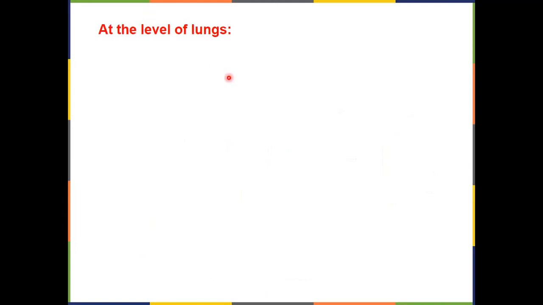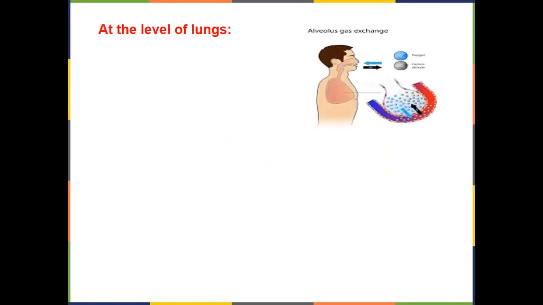At the level of lungs, look at this picture. When we breathe, we take in oxygen and we get out carbon dioxide. This is the oxygen that diffuses inside the blood capillary at the level of alveoli. When the blood comes to the lungs, poor in oxygen, it becomes rich in oxygen.